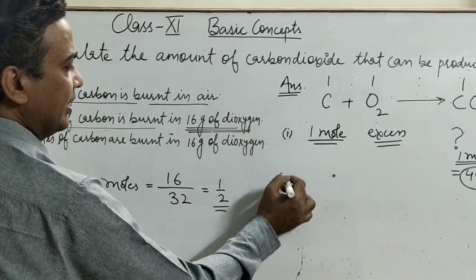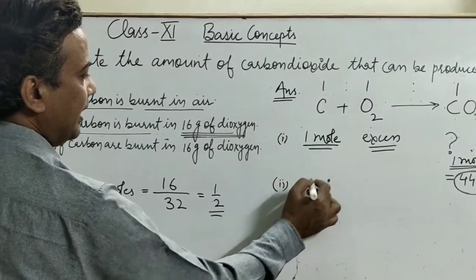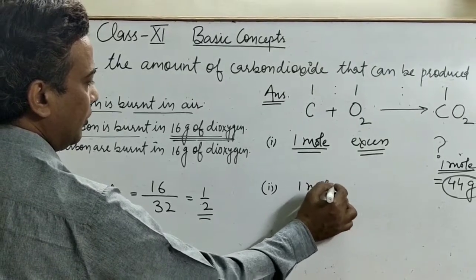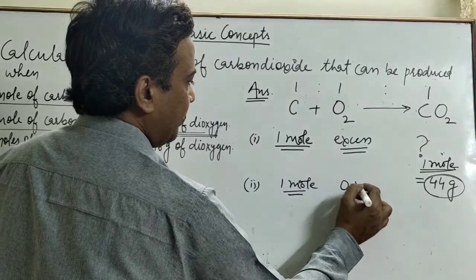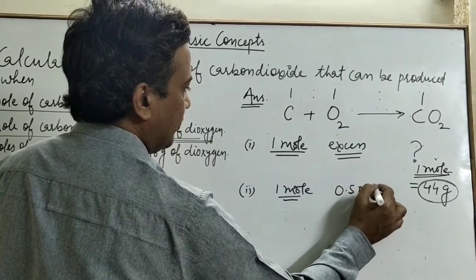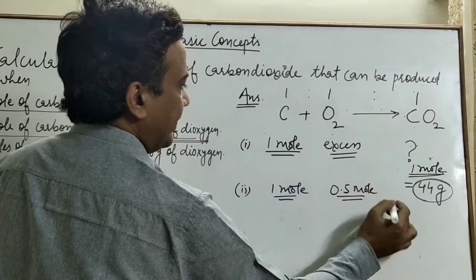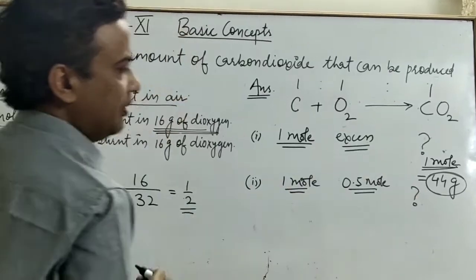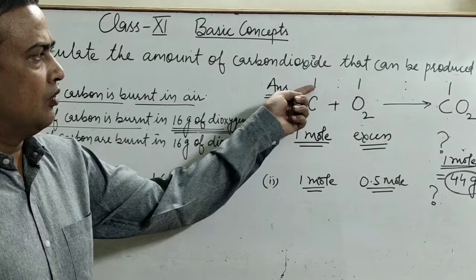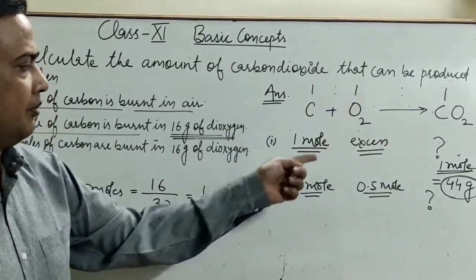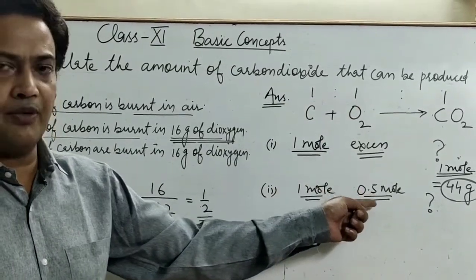In case 2, we have taken 1 mole of carbon but only 0.5, it means half mole of O2. And we have to find out the amount of CO2 being formed. This time again check the stoichiometric coefficient 1:1, but taken amount is 1 ratio 0.5.